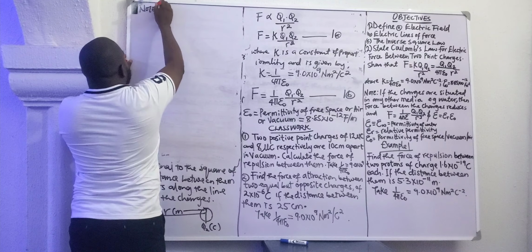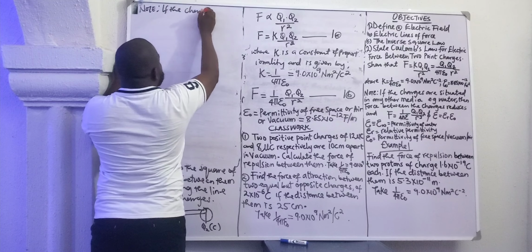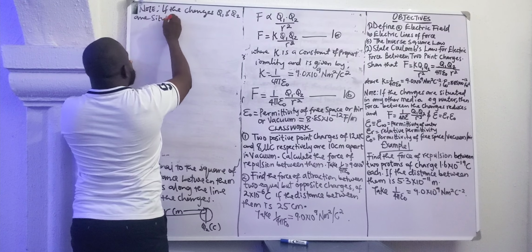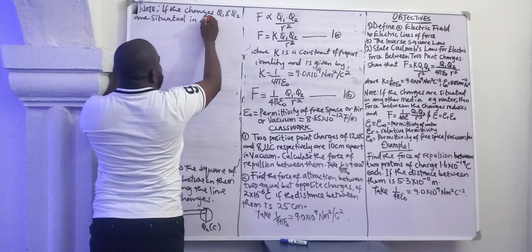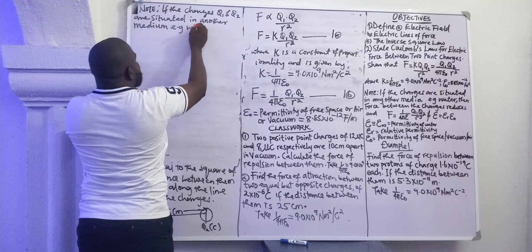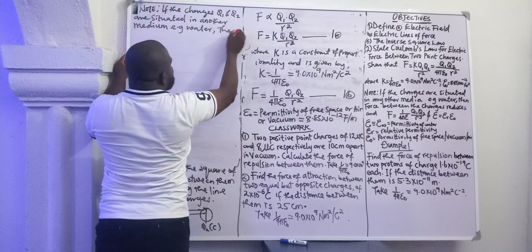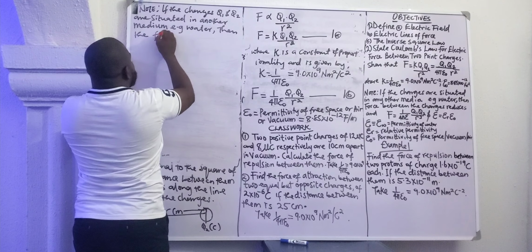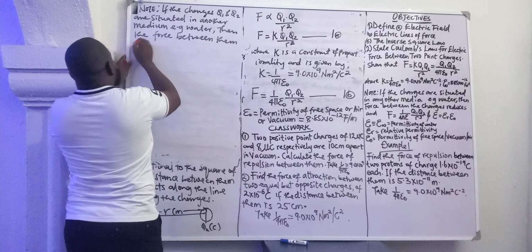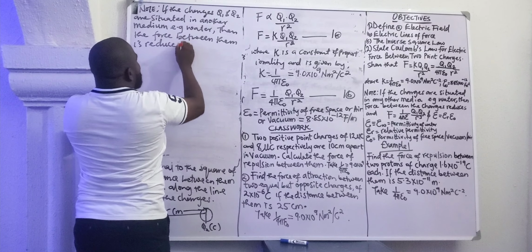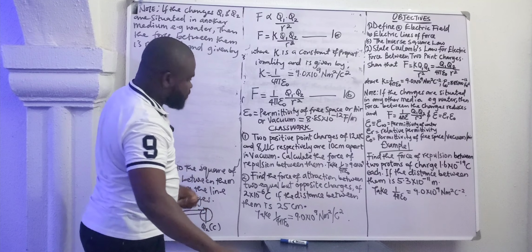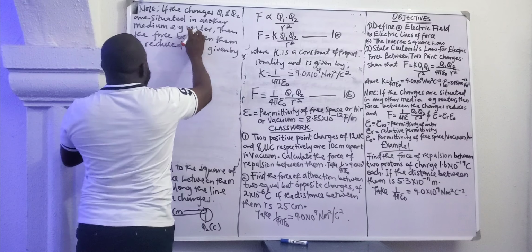So we say note, if the charges Q1 and Q2 are situated in another medium, for example, water, then the force between them is reduced and is given by, now I will replace this epsilon 0 with the permittivity of the medium, water.